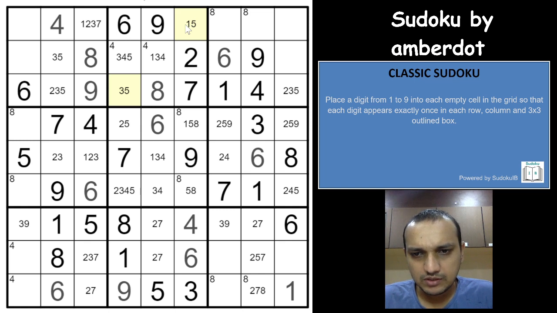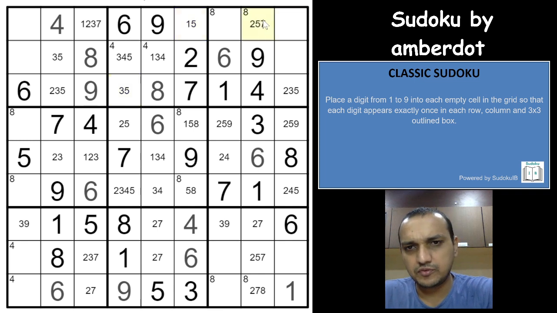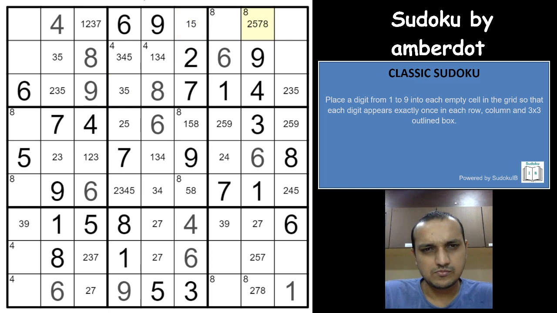Come on, what else are we missing here? 2, 5, 7 and 8. So this cell would have to be 2, 5, 7 and 8. So 1, 2, 3, 5, 7. That is not 2, 5, 1, 3 and 7. 3, 5, 1, 5 and 1 and 3 can be here.